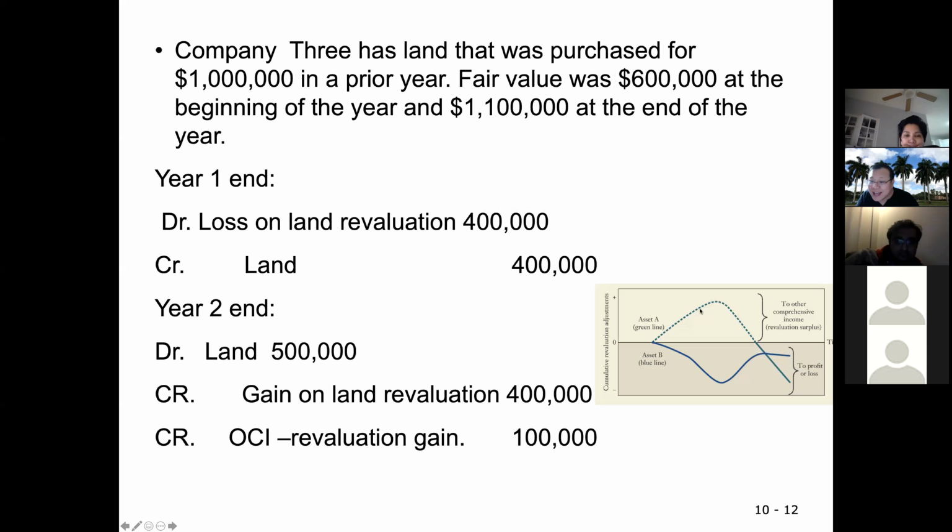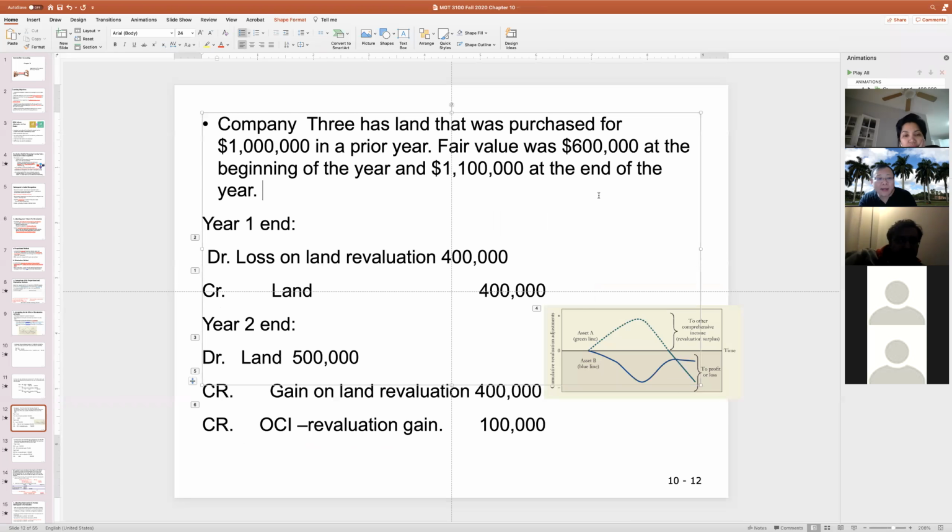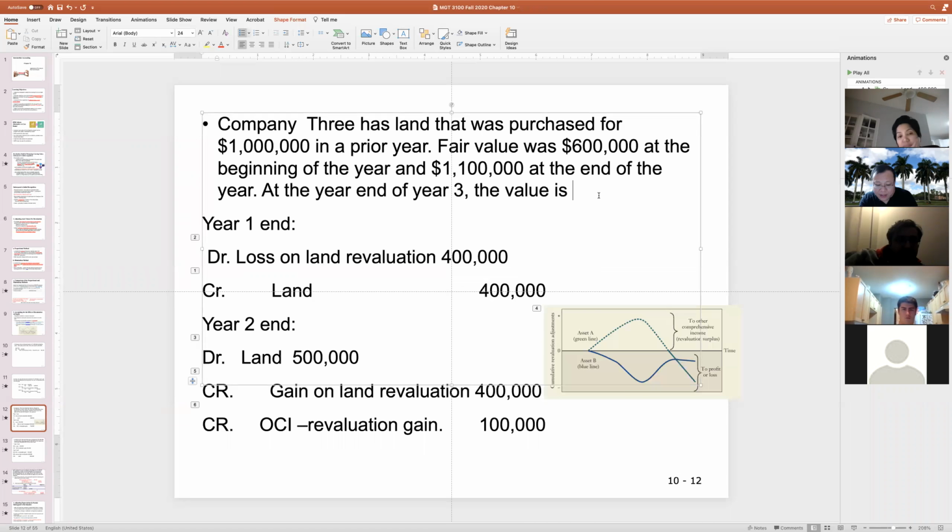So the idea is, let's say at the year end of year 3, the value goes down to 900,000.